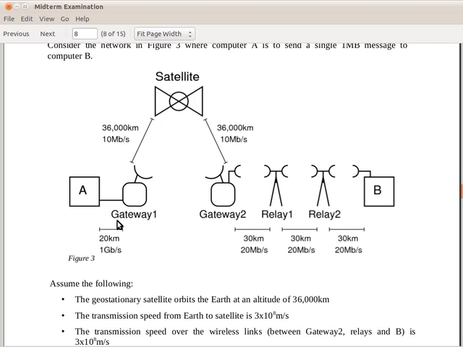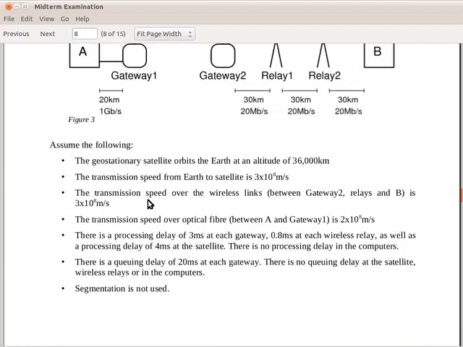In addition, each node has some processing delay and some queuing delay as well. So you can think of processing and queuing at the nodes, transmission and propagation at the links. Total delay is the sum of all of them. It's just additive. If you remember that, I think you can answer any question in this form.